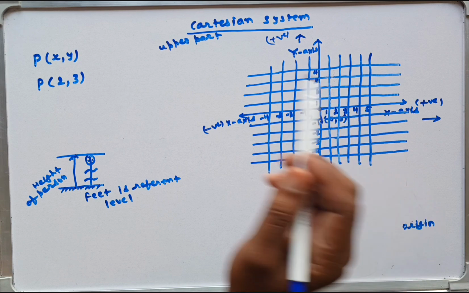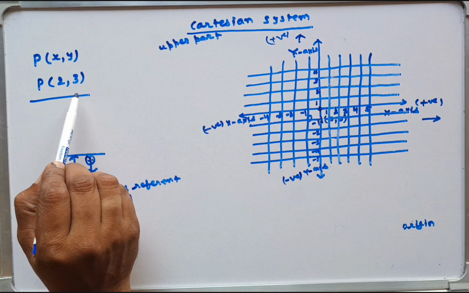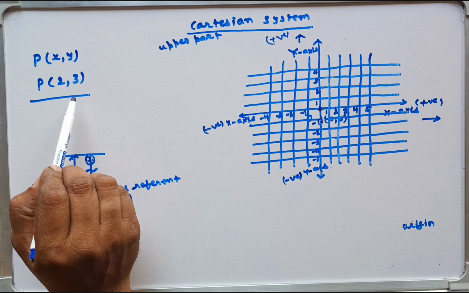So guys, how could we represent this point (2, 3) on a graph paper?